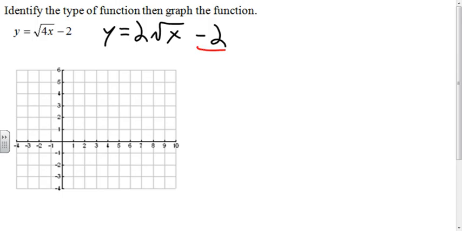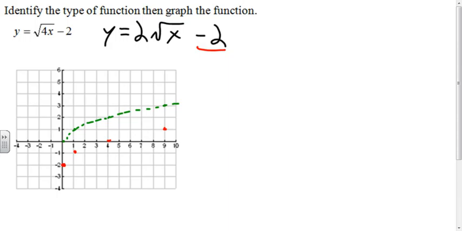This piece here means we take our original parent function, which remember looked something like this. 4 and 1, 4 and 2, 9 and 3. So it went somewhere along these lines. That minus 2 means that we're bringing everything downward 2 places. So it's going to go along that line.